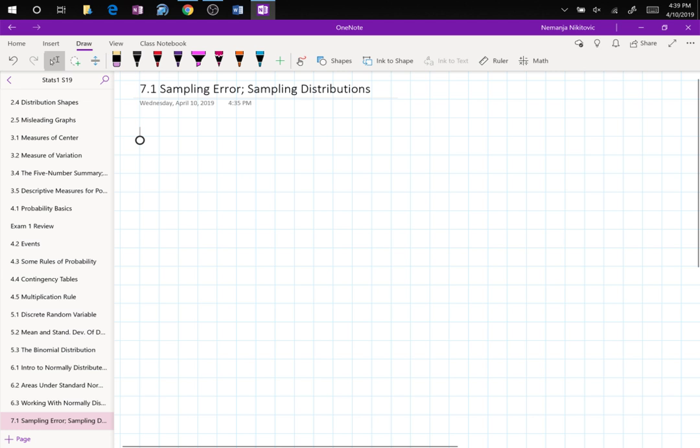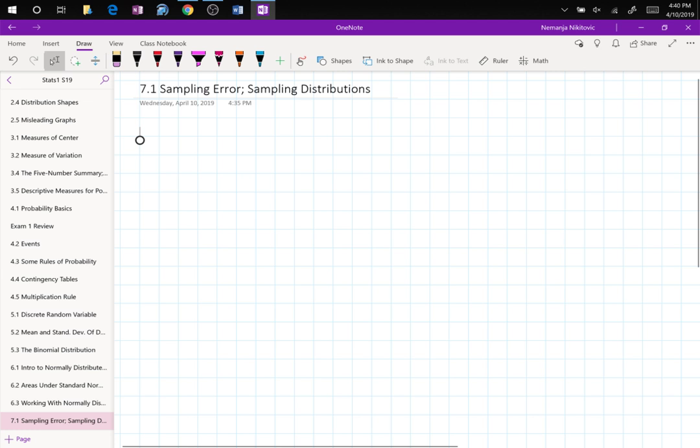We also talked about the ways to pick your samples. And today we're going to take a look into sampling distributions. We're going to take a look at the population and then see what are all of the possible samples that we can make.